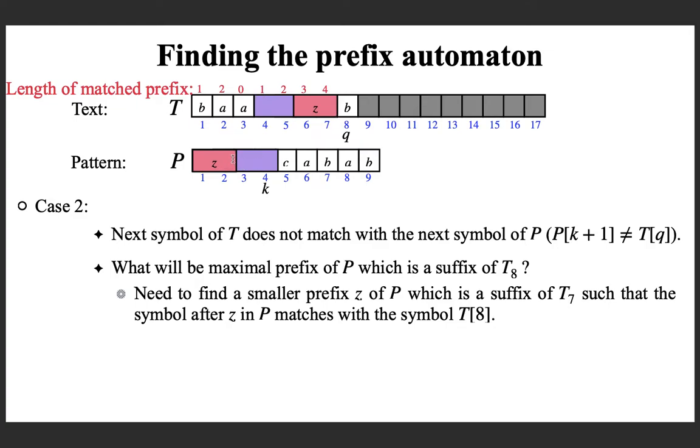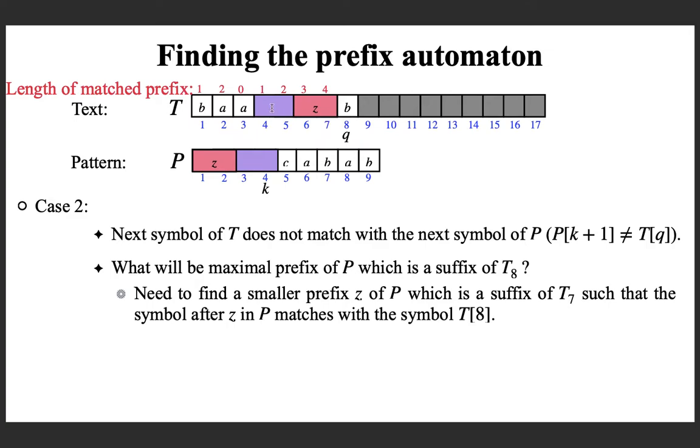Then you have to see, after Z here, if the next symbol is b, then that should be that suffix that you are looking at. For example, suppose this happens, then what you are looking at is exactly Zb. So what we need to find is a smaller prefix, say Z of Pk, which is a suffix of T7.